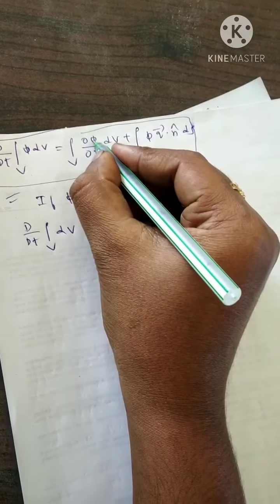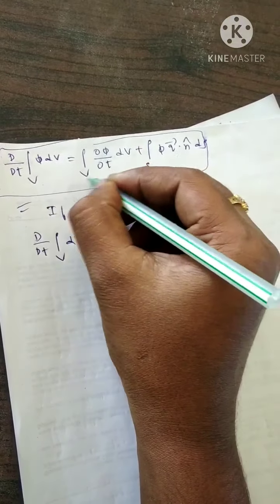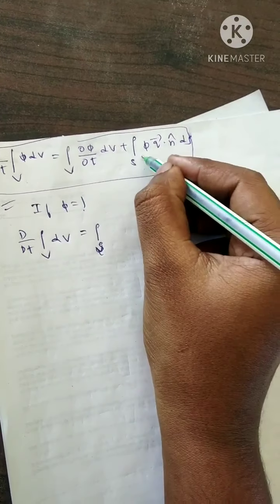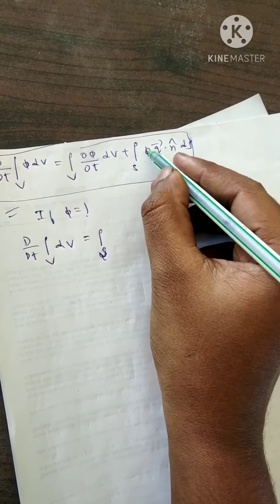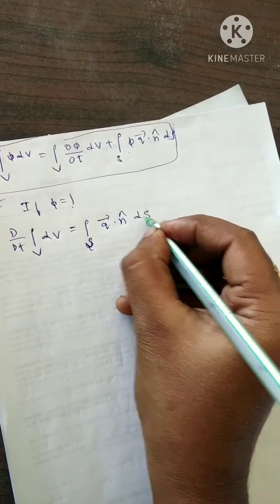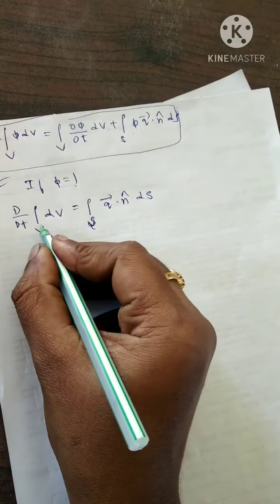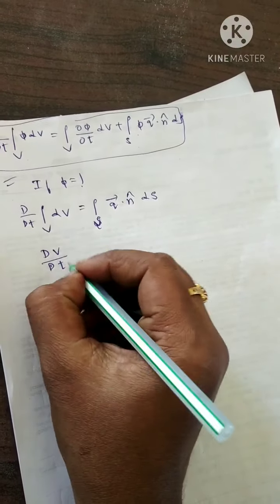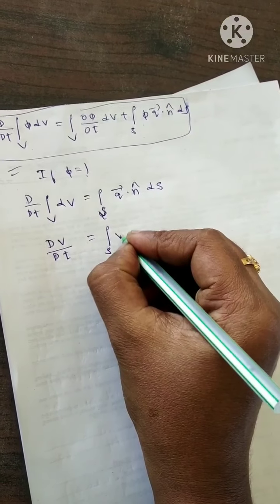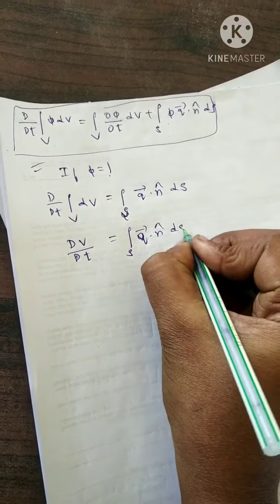See, pi is 1. The derivative of 1, a constant, is 0, so this term goes off, so the volume integral will not be there. Let me skip the step. So the second term goes to pi equal to 1 into q dot n cap into ds. Now the integral over v of dv is v. It is not a closed curve, it is a volume integral. So dv by dt is equal to integral over s of q dot n cap into ds.